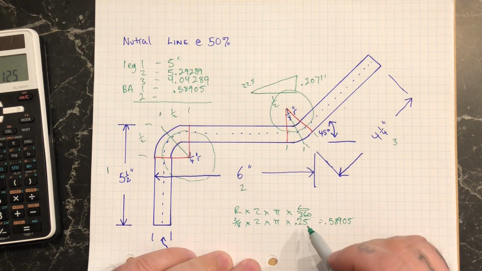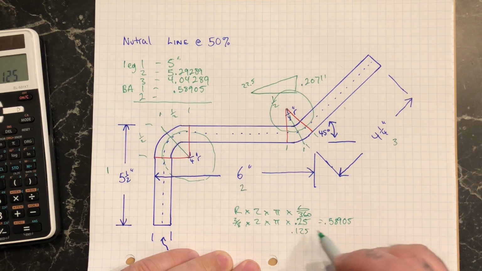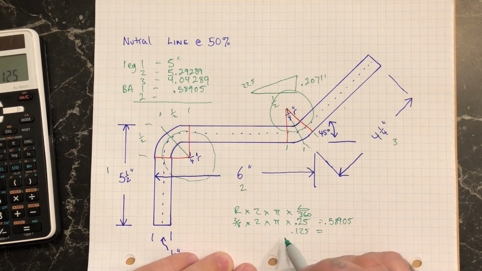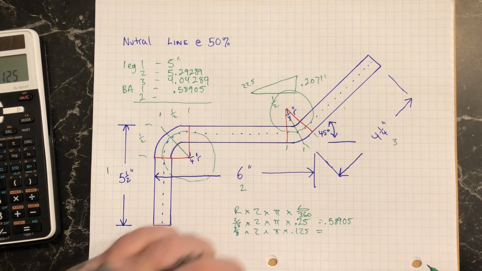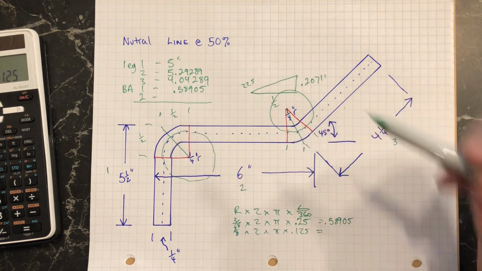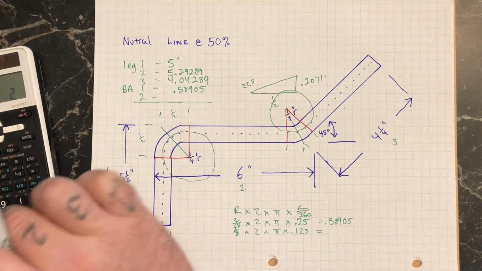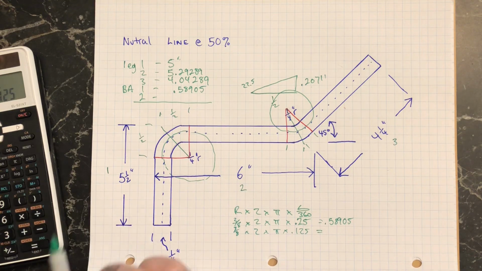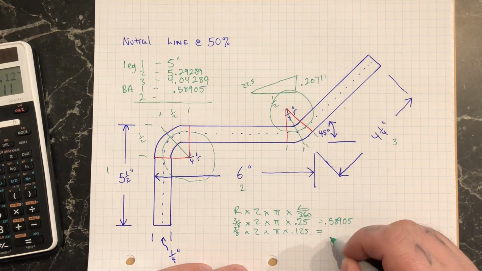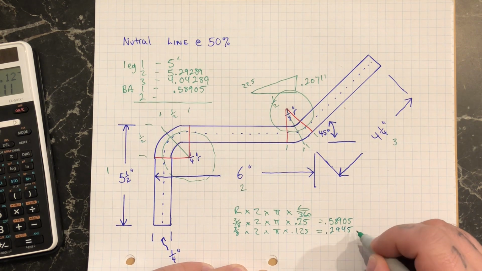So rather than having the 0.25, I go 0.125 here and use the same formula, times pi times 2 times 3/8, that'll give us this bend allowance here. Times 2 times pi times 0.125 equals 0.2945.